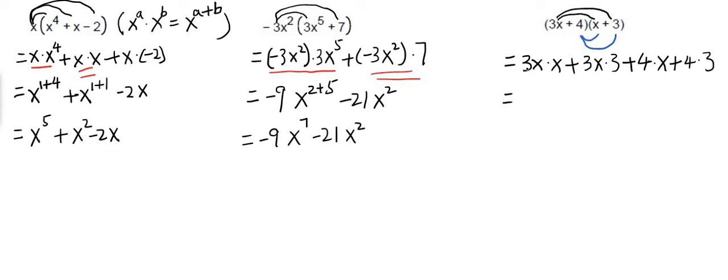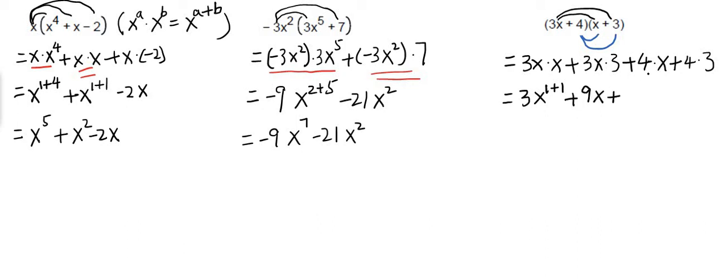Here's the constant 3, and for the x terms we have x times x, so let the exponents add together, following this formula. For the second term we have 3x times 3, and 3 times 3 equals 9x.